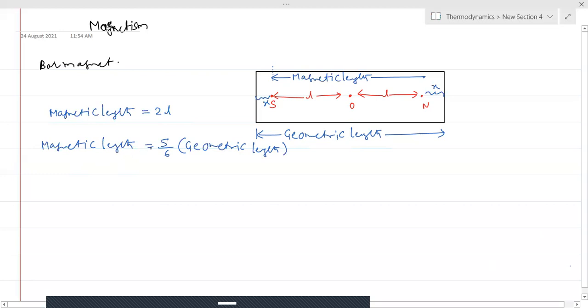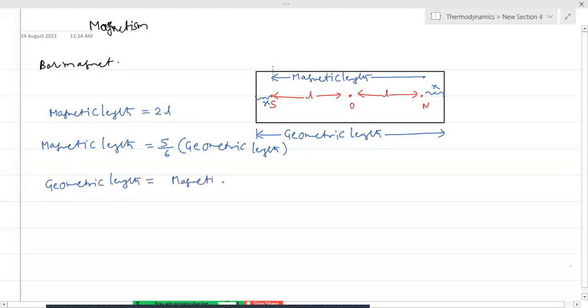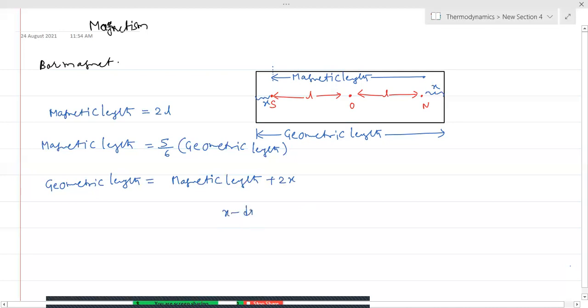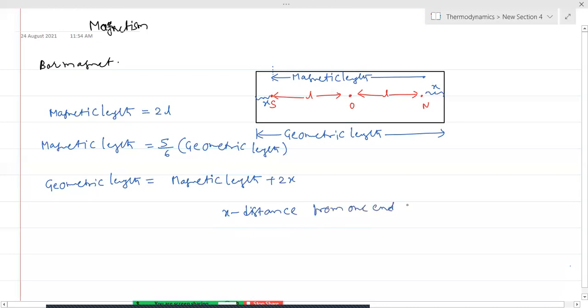And from the figure also we have another relation: geometric length equals magnetic length plus 2x, where x is the distance from one end of the magnet to the respective pole.